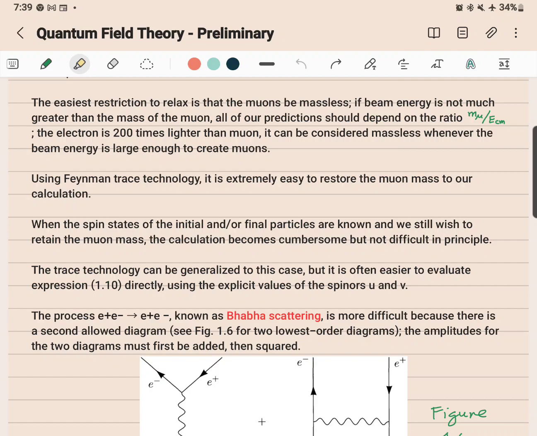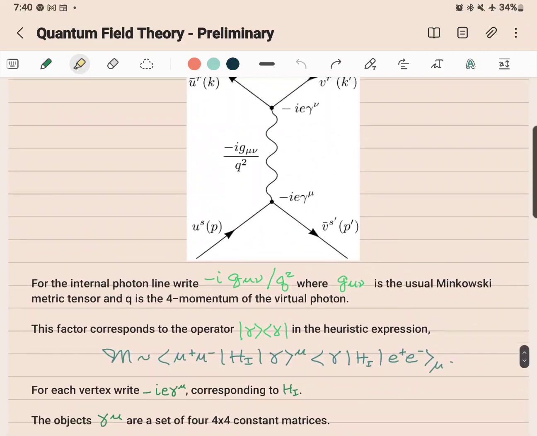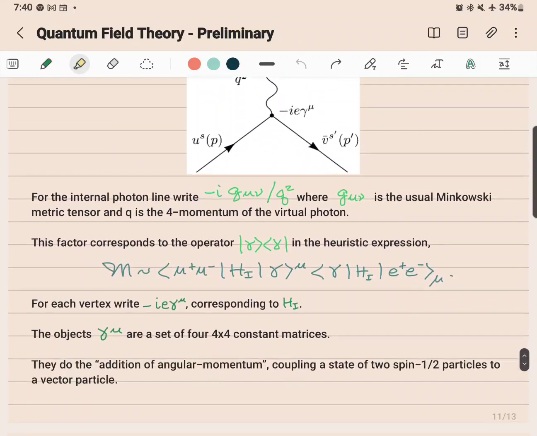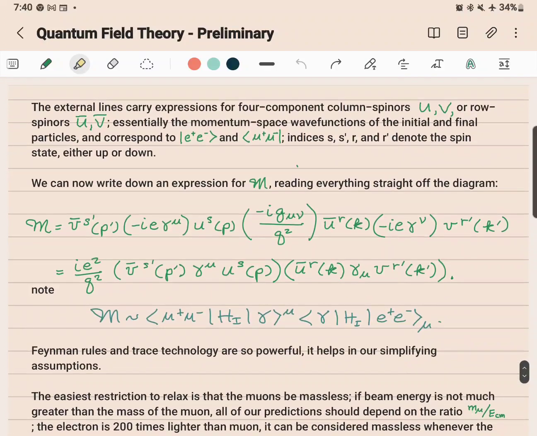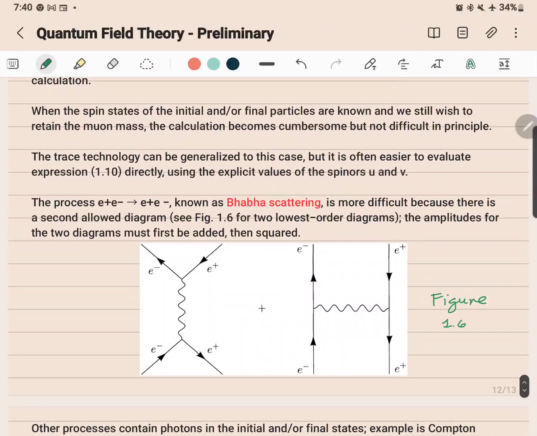The trace technology can be generalized to this case, but it is often easier to evaluate expression 1.10 using the explicit values of the spinors u, v.